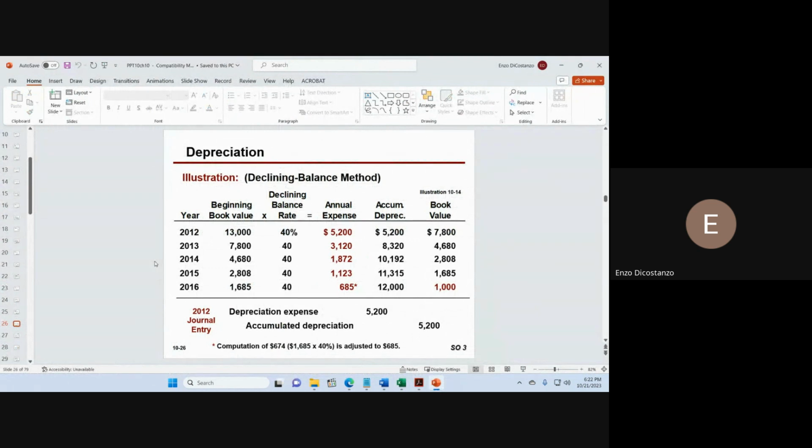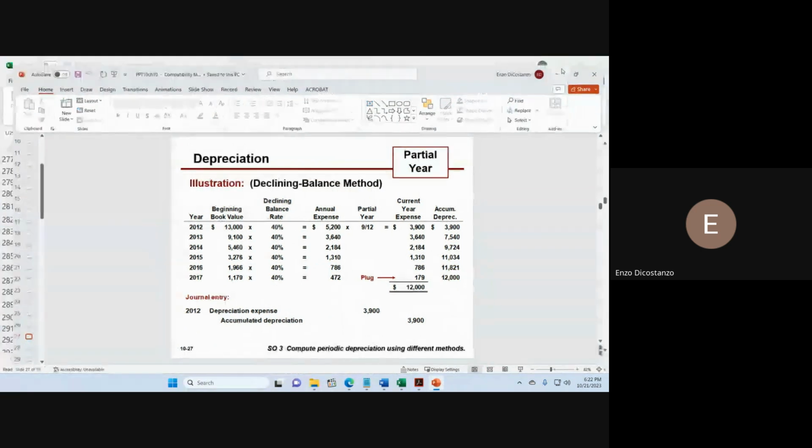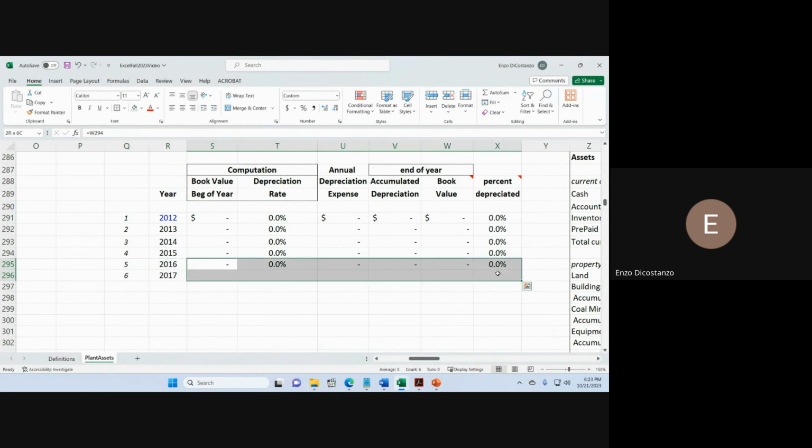This was declining balance. Yeah, we're going to prorate now with this one. Again, this is the partial year version of this. So we're going to go up to 17. Okay, and we'll get to everything with this.